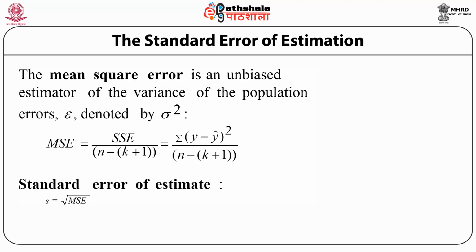Here n is equal to total observations, k is equal to the number of independent variables, and we can calculate the standard error of estimate using the formula: standard error is equal to the square root of the mean square error. It is a very important parameter which shows the worthiness of the suggested regression model.